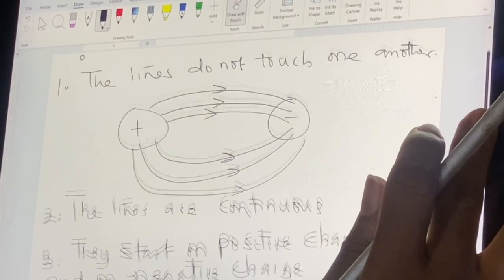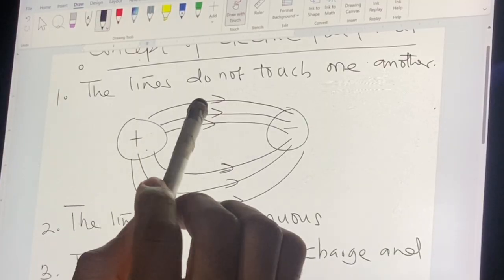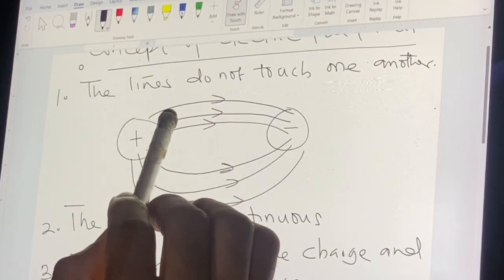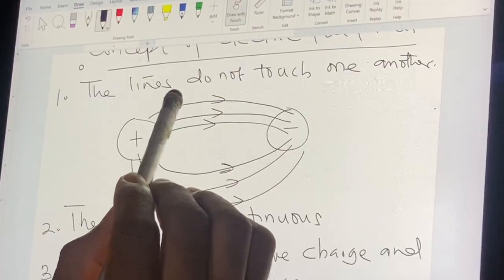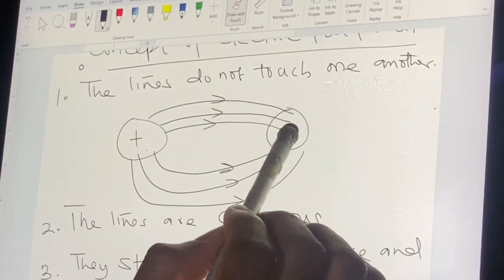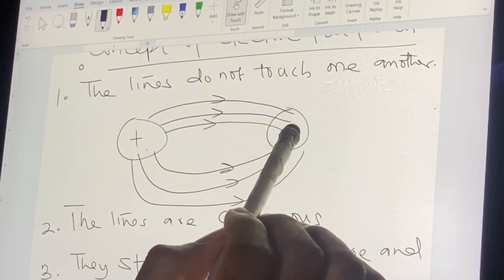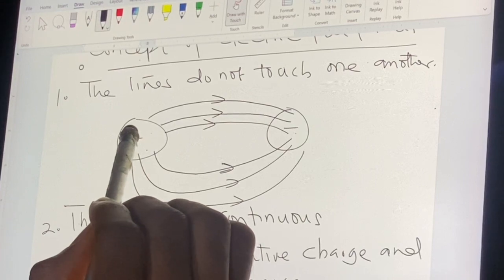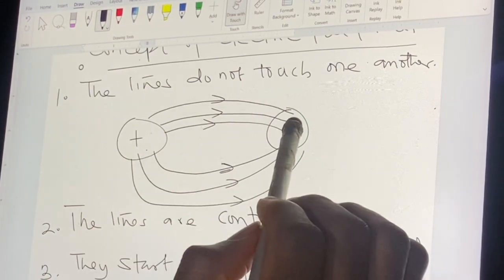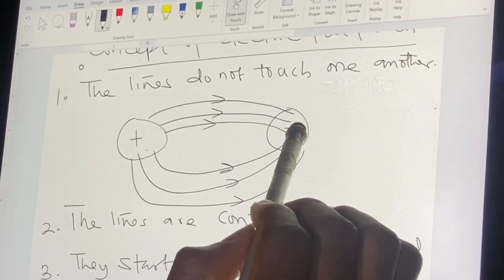So this is what it means here. This is the positive charge. So the line always moves from the positive charge and ends at the negative charge. So the line will always begin from the positive charge and end at the negative charge. Please take note of that.